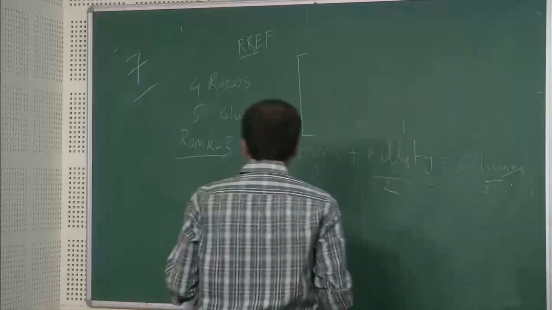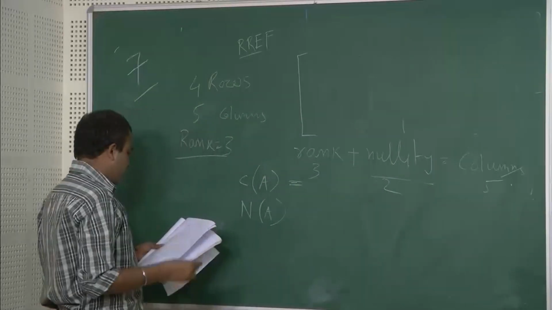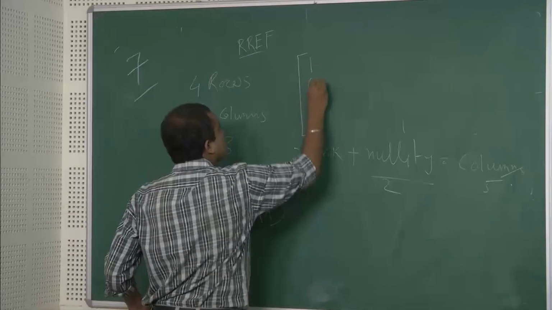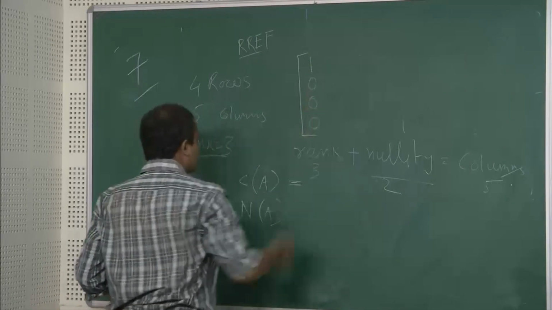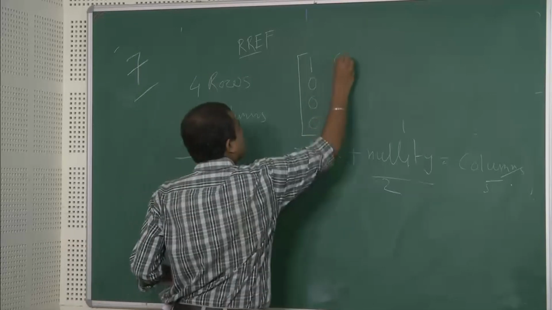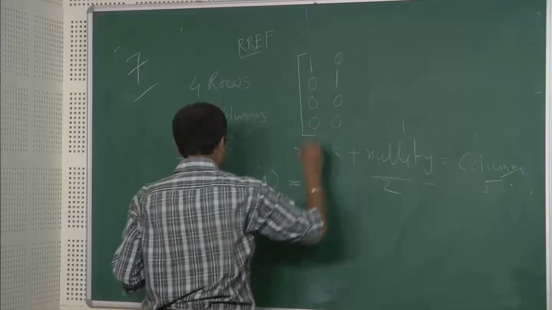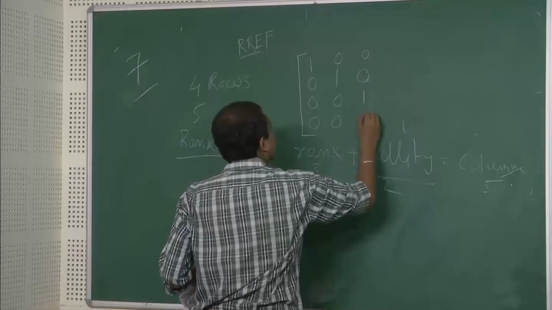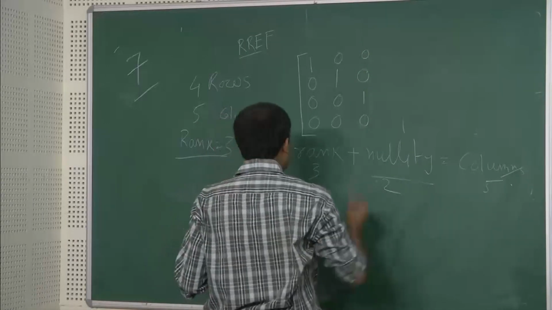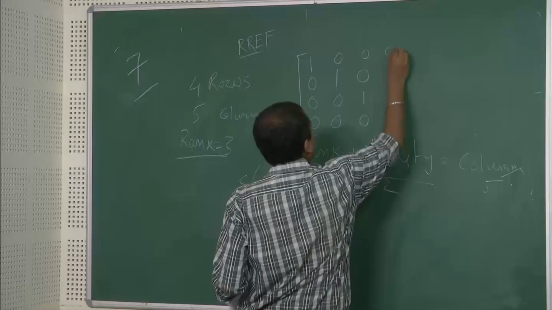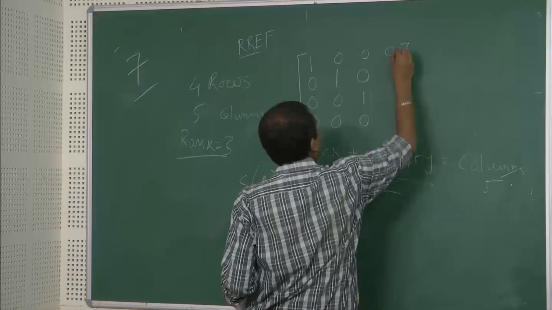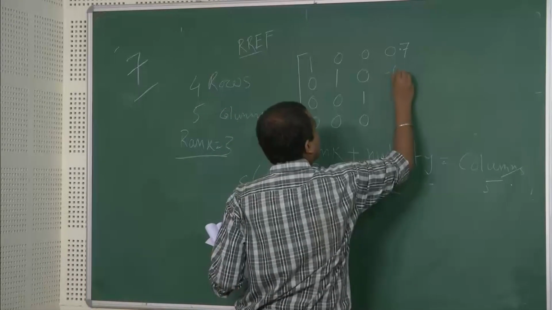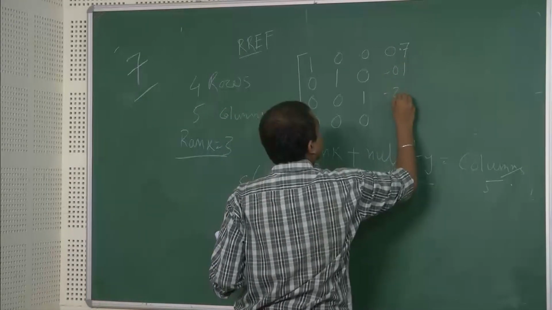So, the row reduced echelon form for the matrix given in problem 7 is 1 0 0 0. So, you get this, 0 1 0 0, 0 0 1 0, 0.7, minus 0.1, negative 2.1.